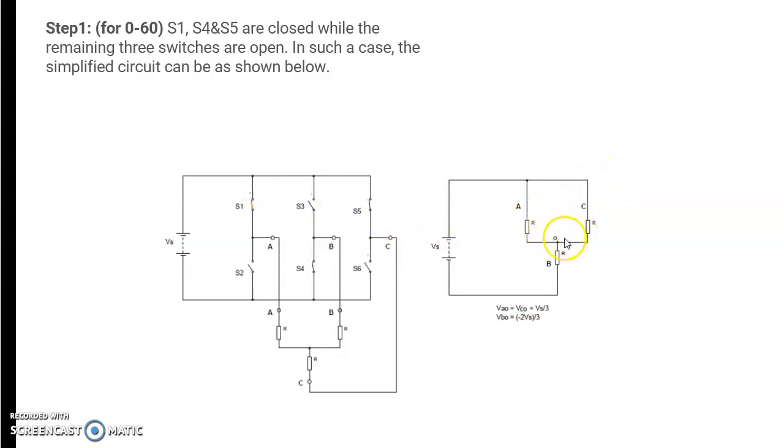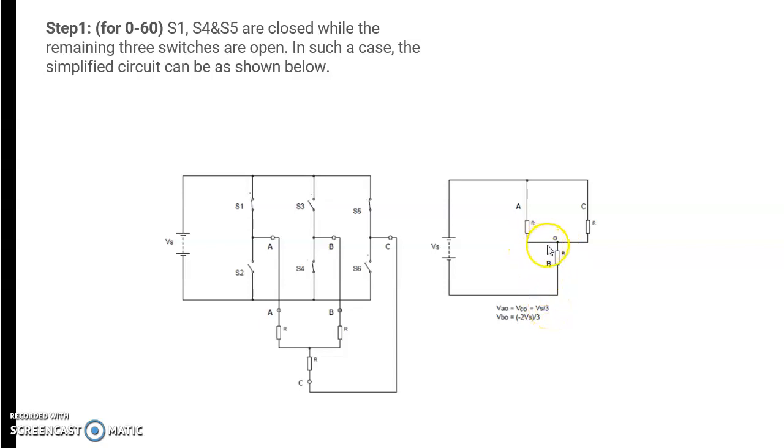From the equivalent diagram you can write each phase voltage equation. VA0 and VC0 are equal. By using the voltage divider formula, if the input DC voltage is Vs, then VA0 is equal to VC0 is equal to Vs by 3.